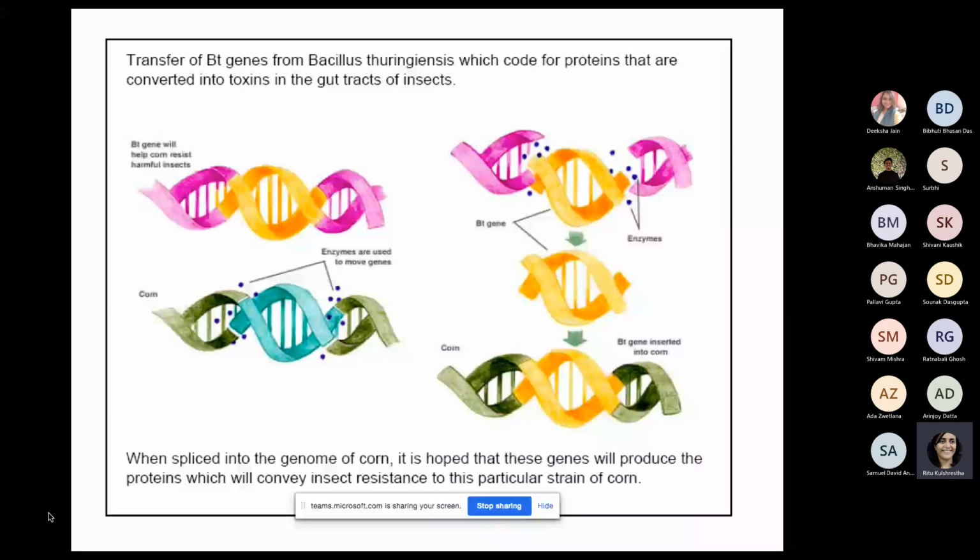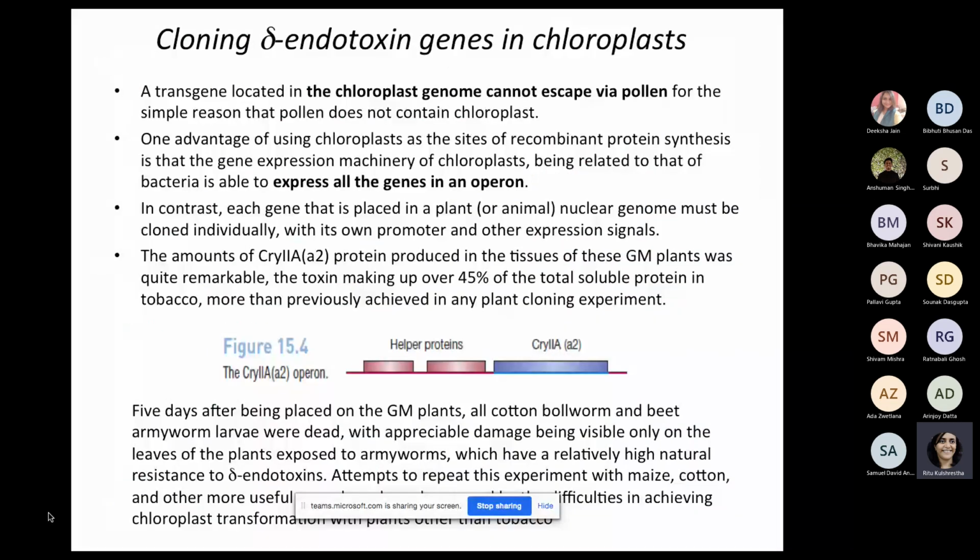Then I told you that apart from cloning in the nuclear genome, there is also a possibility that you can clone your transgene in the chloroplast, with the major advantages being that you can have more copies of the transgene, and also that if you clone your gene in chloroplast, then there are chances that the gene will not spread into the environment because the pollen doesn't have chloroplast, and so it cannot be passed on.